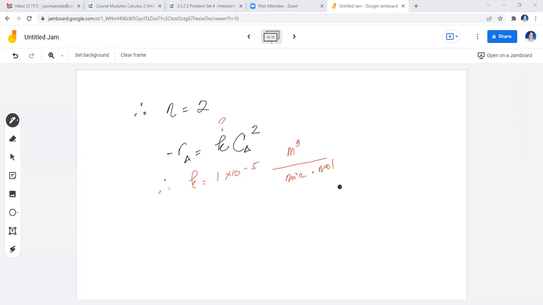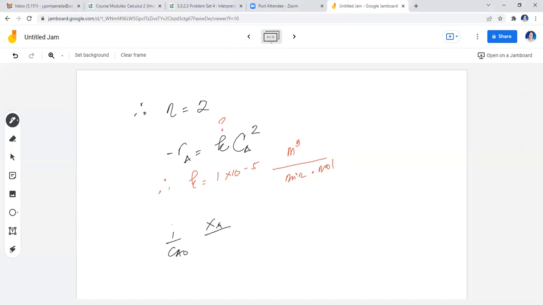What formula are we going to use for second order case 2? kt is equal to 1 over CA0 multiplied by XA over 1 minus XA, miss. Okay, 1 over CA0. Sige, Patrick.